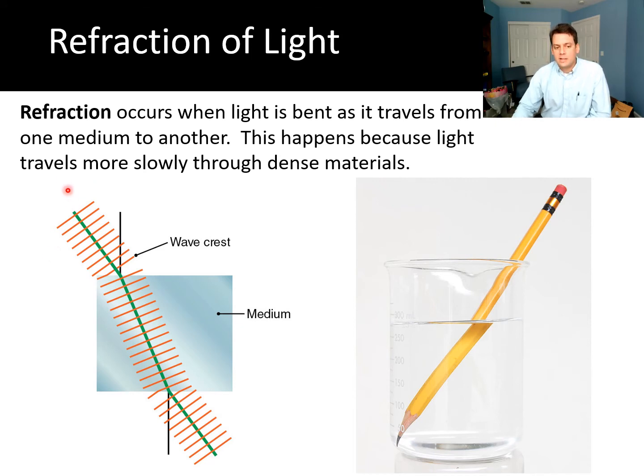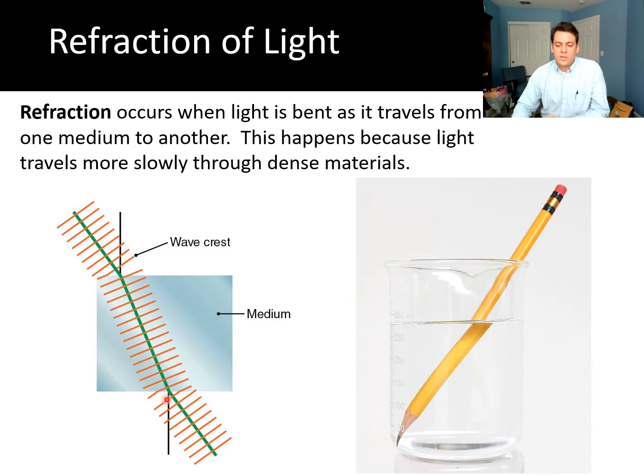You could think about them as the peaks of this wave. If this is a sinusoidal wave, with peaks and troughs, you can think about these red lines as denoting where those peaks are. The wave is traveling from air into glass, and it bends as it enters, and then it bends again when it exits.